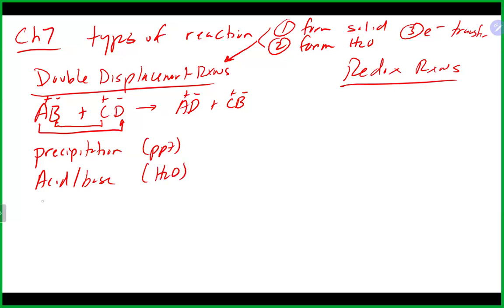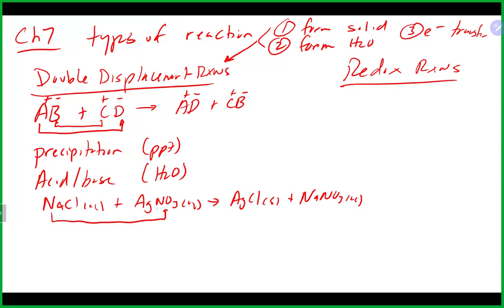So for example, if we took some sodium chloride and we reacted it with some silver nitrate, we will get some silver chloride, which is a solid, plus some sodium nitrate here. And this is a double displacement reaction. Basically, our partners switch places. It formed a solid, which is a precipitation reaction because of that.